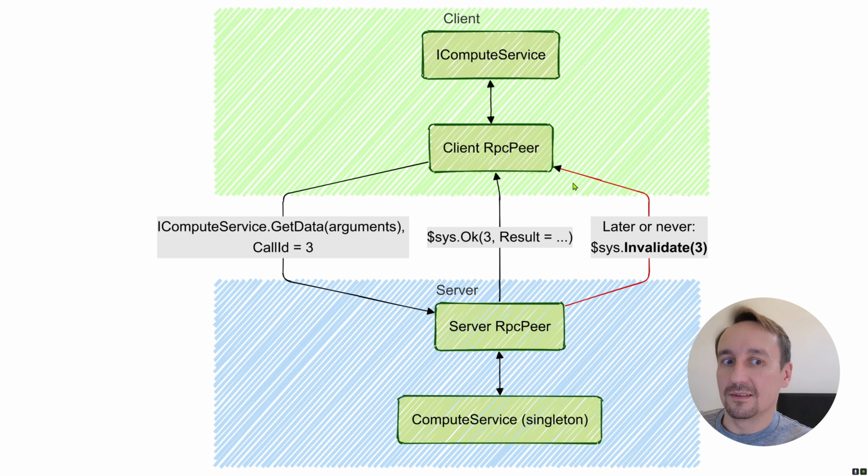Because in reality, for the majority of data that lives on the client, it doesn't get invalidated even in a single session. Just think about it: most user data, wherever you show it, doesn't change. So this part almost never happens in reality, but nevertheless the protocol has to support it.